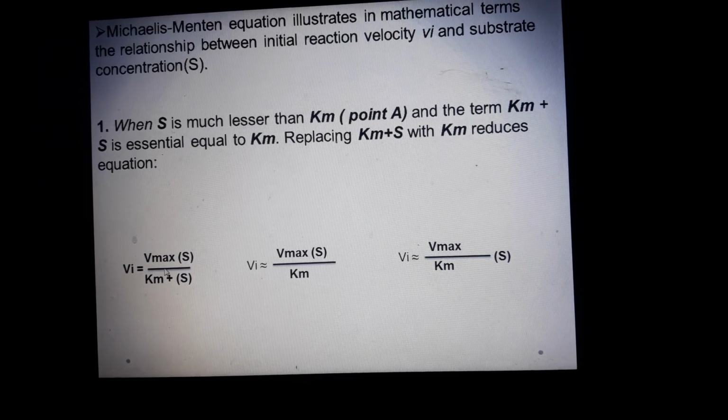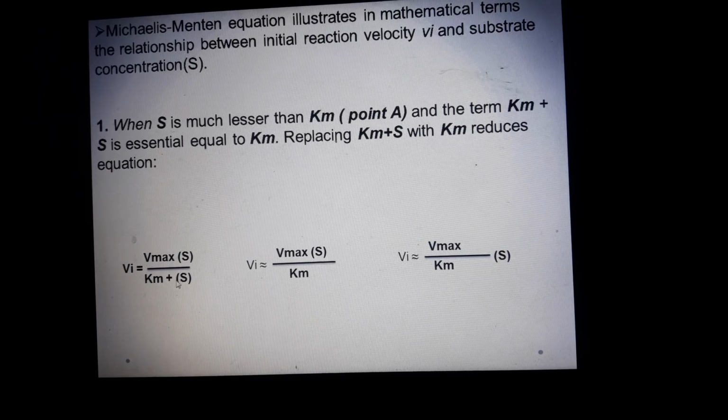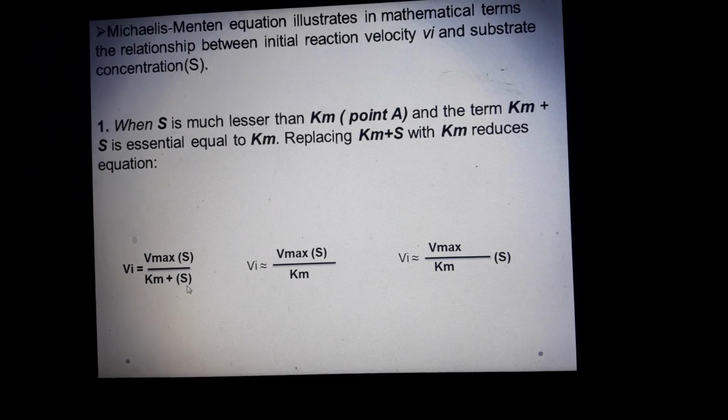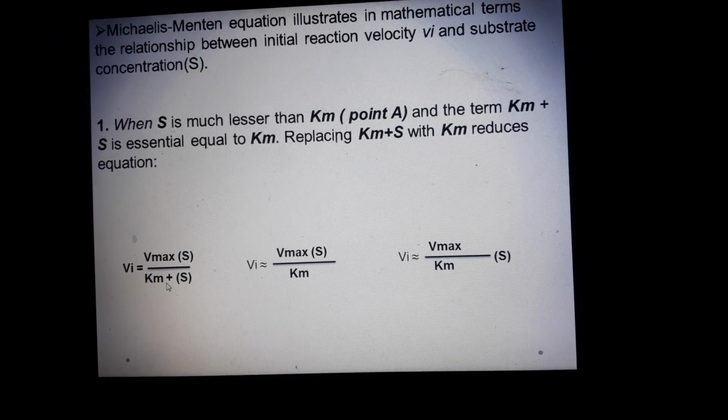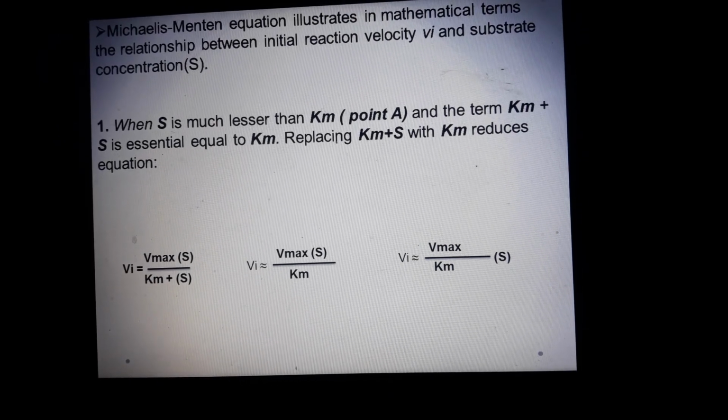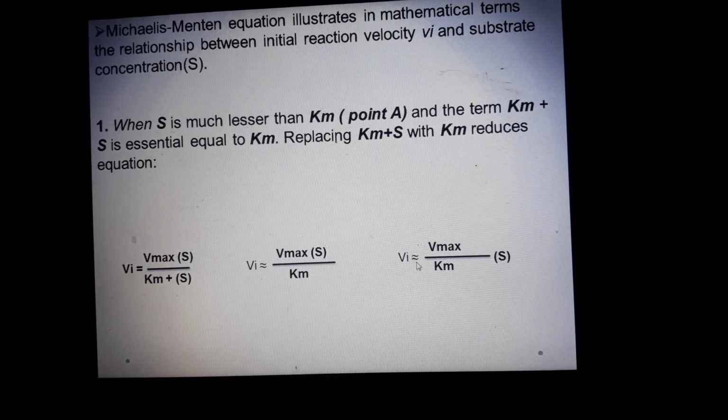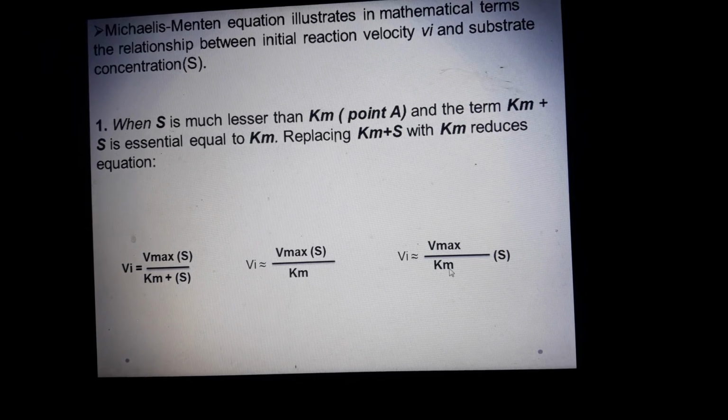The standard formula is Vi equals Vmax times S over Km plus S. So Vi equals Vmax times S over Km, or Vi equals Vmax over Km times S. The simplification is approximately the same.